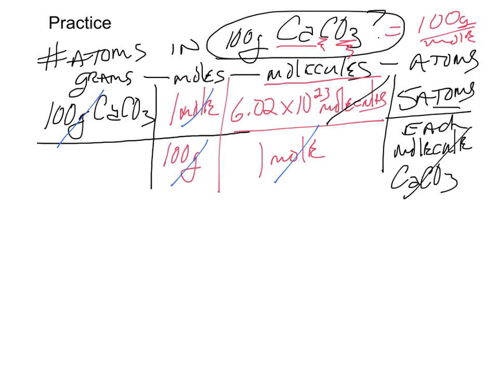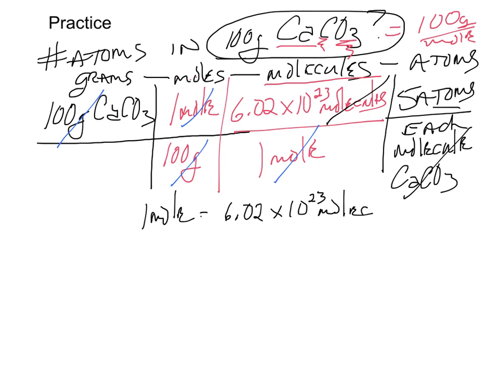So then if I do the math, I would end up with 100 times 1 is 100 divided by 100, so I've got 1 mole. 1 mole contains 6.02 times 10 to the 23rd molecules. So I've got 6.02 times 10 to the 23rd molecules.